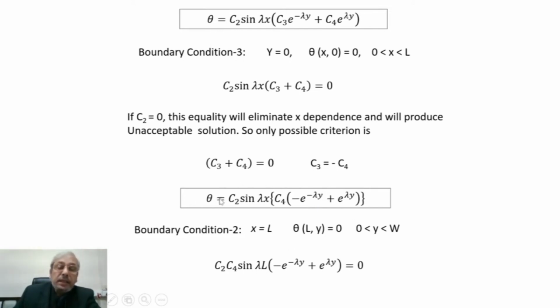And in this, we now apply the boundary condition on the right hand side, boundary condition 2, at x equal to L, theta L y is 0 throughout y, where y is between 0 and W. So if we substitute x equal to L, we can write C2 C4 sine lambda L into (minus e to the power minus lambda y plus e to the power lambda y) equal to 0.